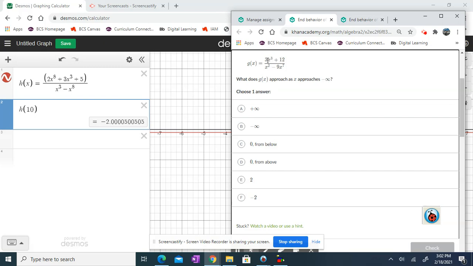And if I put in a big negative number down here, it's going to be negative, but then that negative makes it positive. So you're going to end up with a negative over a positive, which is a negative. So it's going to approach as a negative, so from below. Because the signs here are different.